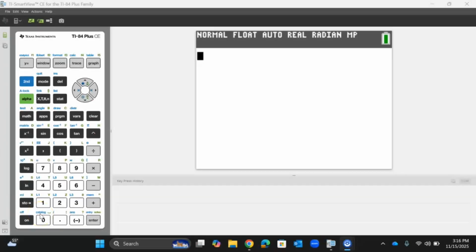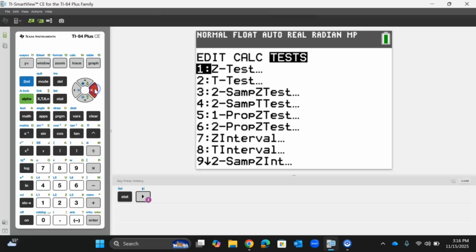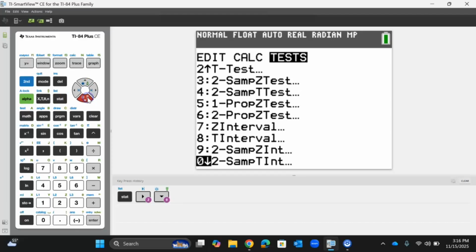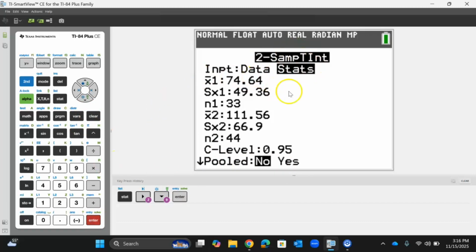Okay, so to run our 2-sample T interval, we're going to go to Stat, arrow over to Tests, and we have to scroll all the way down or select option 0. So here's our 2-sample T interval. We are going to work with statistics still because that was what was provided for us in the narrative, not data.